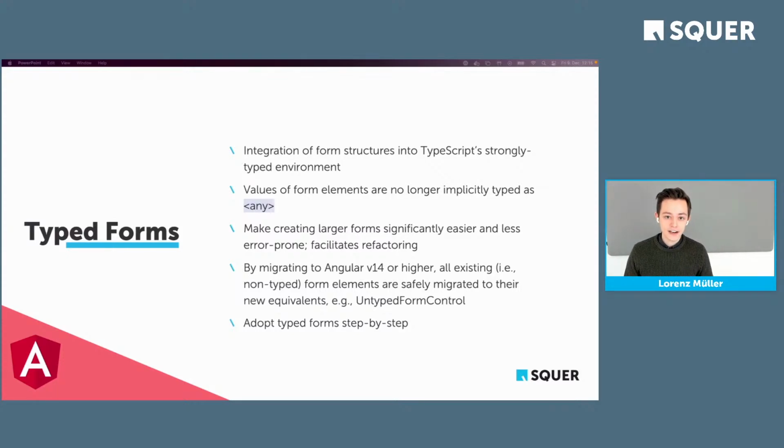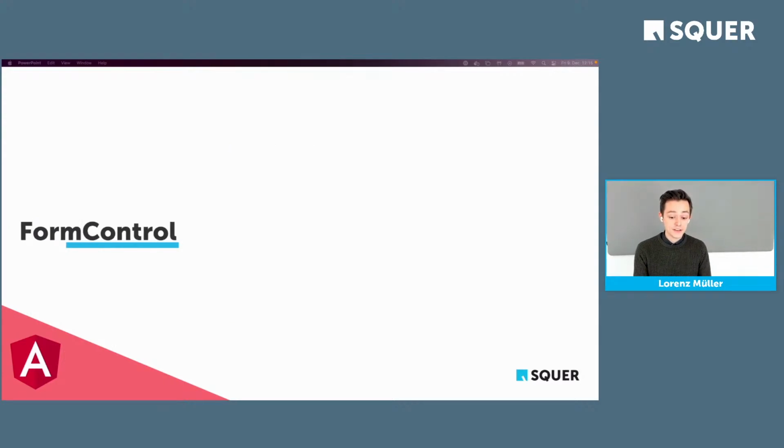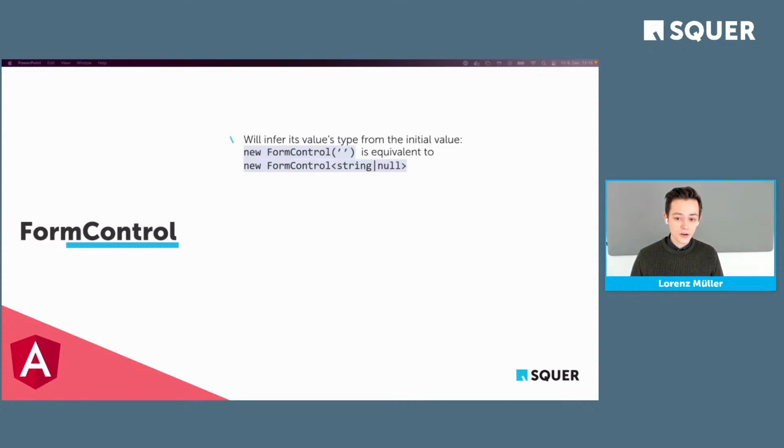Let's have a look at the various form elements and how they benefit from being typed. Now, the FormControl is the most basic of them. And we can now type a FormControl implicitly or explicitly. Implicit typing means the FormControl will infer its type from the initial value, in this case, an empty string.